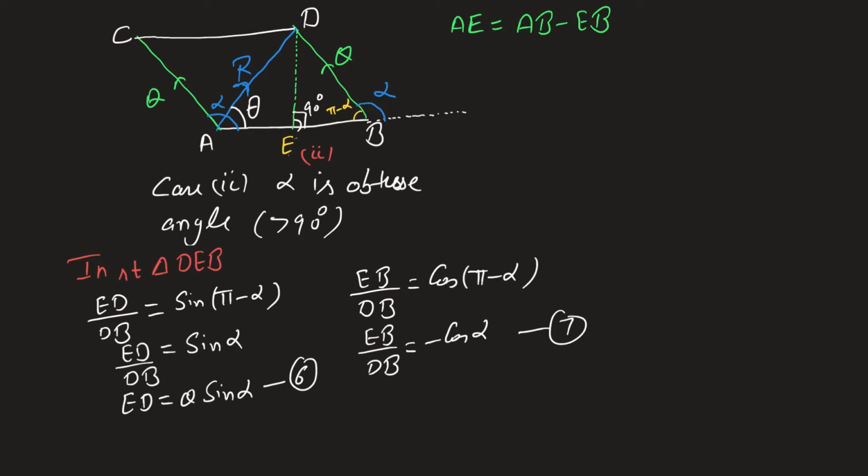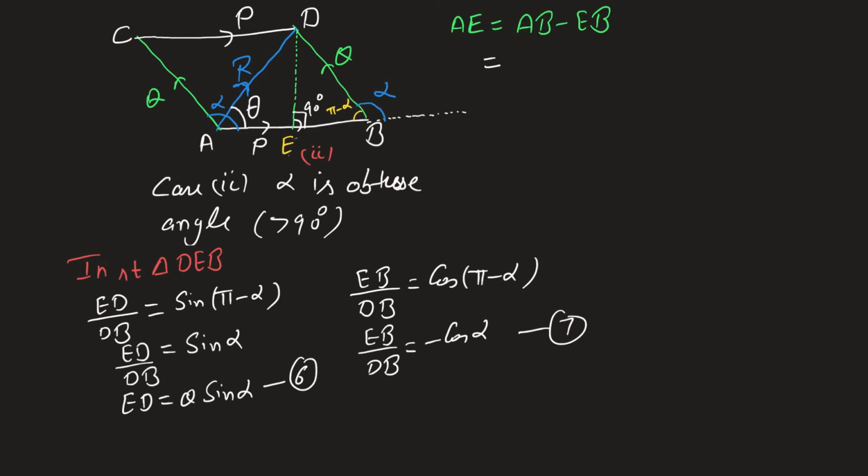So here AE is AB minus this portion EB. So AB is very much clear, it is force P. So this is force P, this is force P.